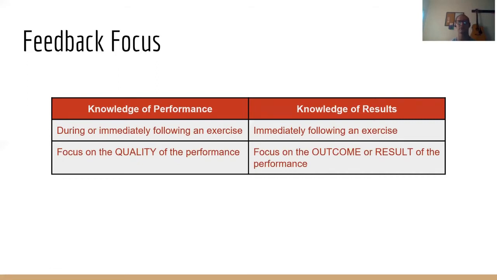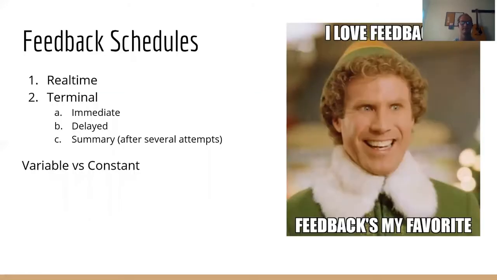For knowledge of results, we're focusing on the outcome or the result of the performance. So an example might be, you just did 10 squats, whereas for knowledge of performance, while they're doing the squats, you might say, yep, your knees are looking good, yep, hips are tracking good, that kind of thing. And knowledge of results usually are given immediately following an exercise after you get the results.